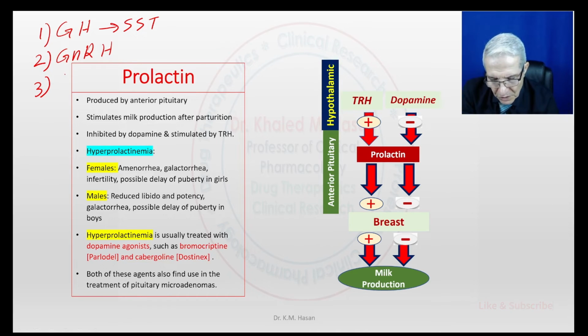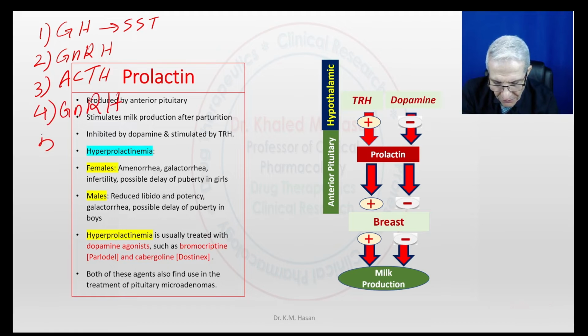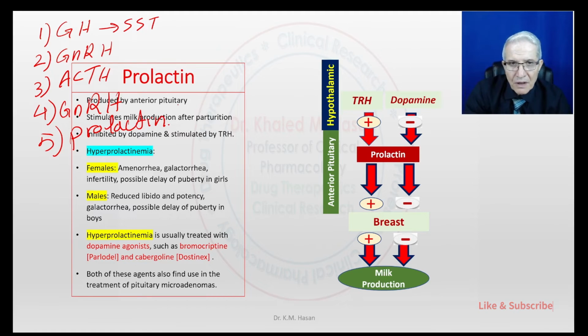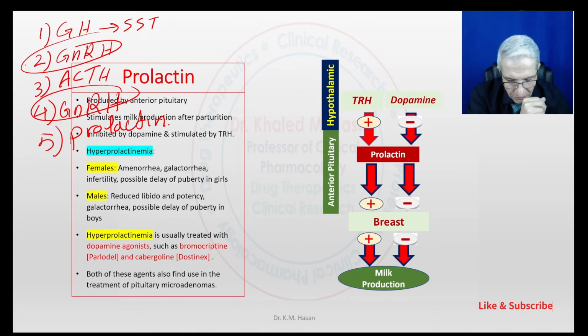The third one we covered was ACTH, and number 4 we covered GnRH, and number 5 now we have prolactin.